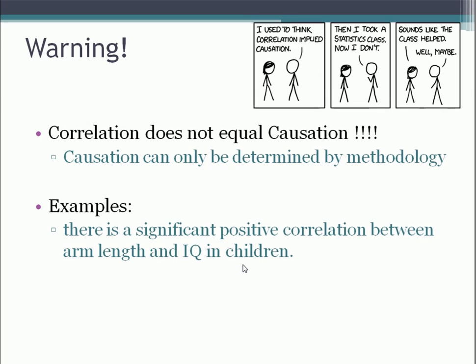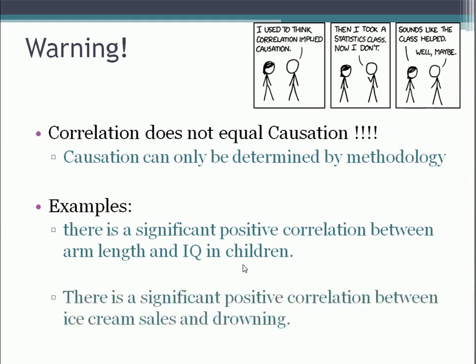There's a significant positive relationship between arm length and IQ in children, right? Does IQ cause arm length? No. Does arm length cause IQ? No. Children who are older happen to be smarter. We talked about ice cream sales and drowning. There's a significant positive relationship between the number of kitchen appliances that a woman has and her proclivity to use birth control, right?